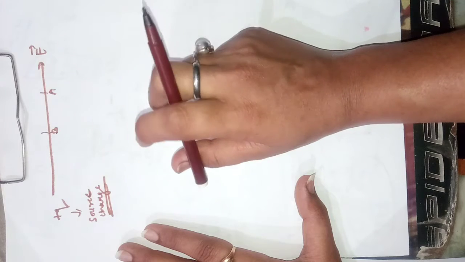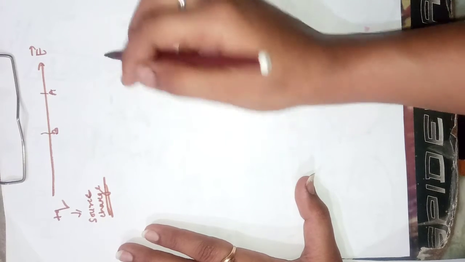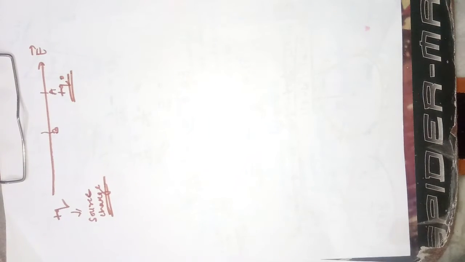We considered two points. What is electric potential? It is nothing but the work done in moving a test charge. When I started the unit, I told you that we have a test charge.